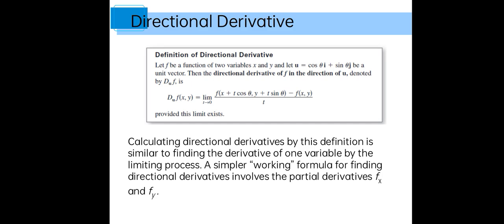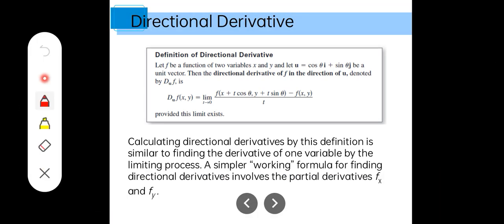Then the directional derivative of f in the direction of u, denoted D_u f, is D_u f(x, y) = the limit of [f(x + t cos θ, y + t sin θ) − f(x, y)] as t approaches 0, provided this limit exists.